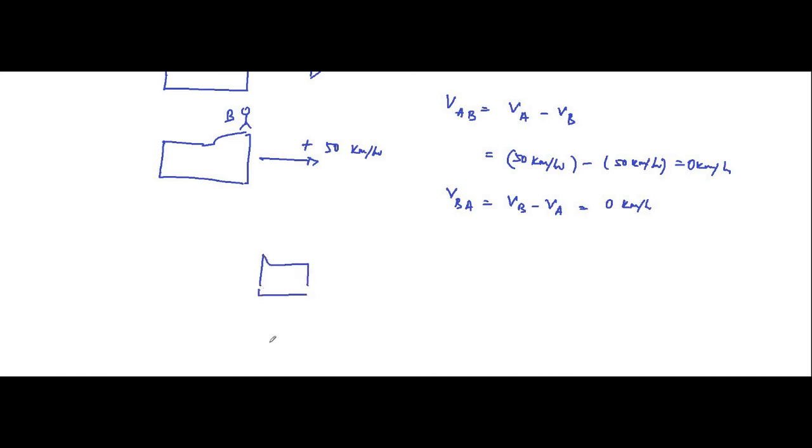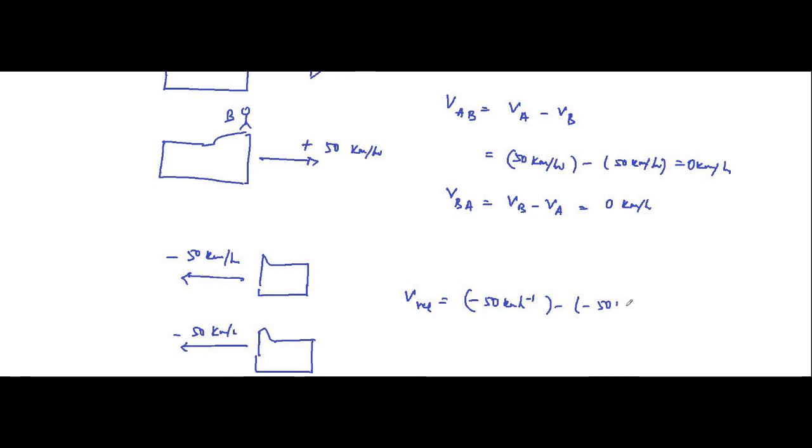Let's say we have again two vehicles or two trains which are moving in the opposite direction, same 50 kilometers per hour, 50 kilometers per hour, minus, minus. So here also the relative velocity will be minus 50 minus minus 50, which is equal to minus 50 plus 50, which is equal to 0 kilometers per hour.